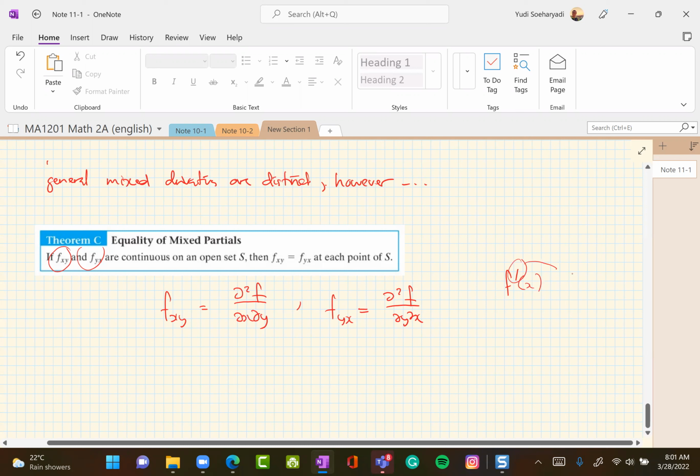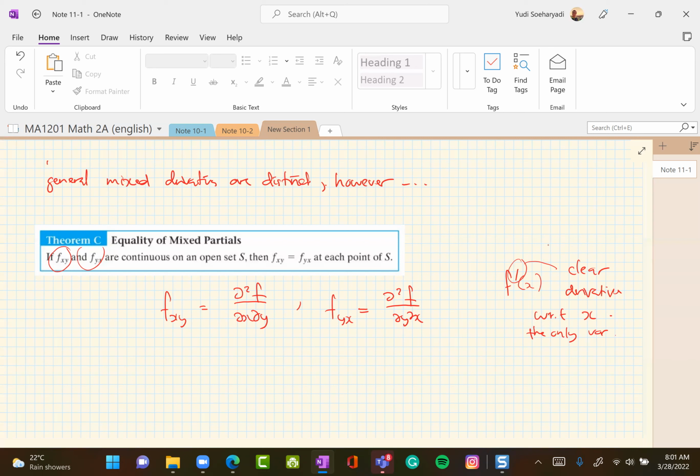In this case, it is clear, derivative with respect to x, because it's the only variable. But when you have two or more variables, when you use prime, it's not clear whether you take the derivative with respect to y or x or z or whatever. So we use this notation here, just to simplify the notations.